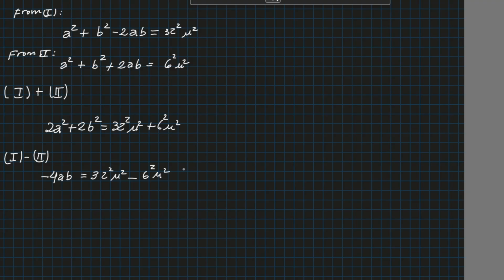Well, we will need these expressions, because if we divide this by 2, so we have here a squared.